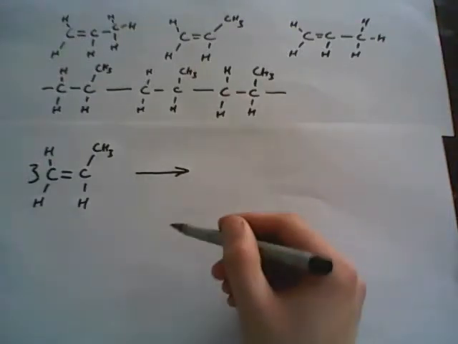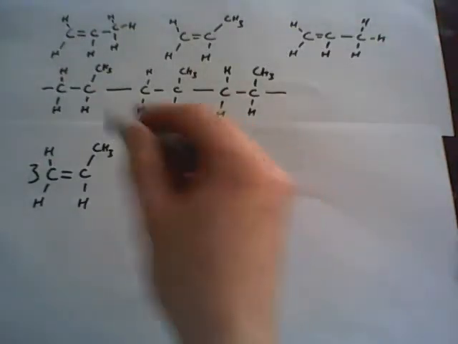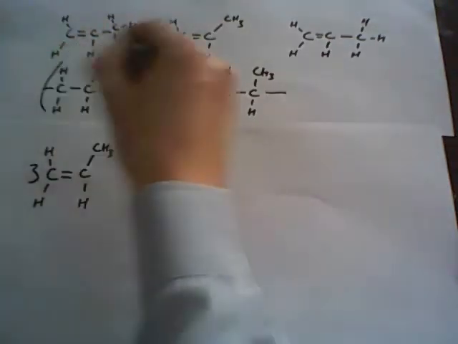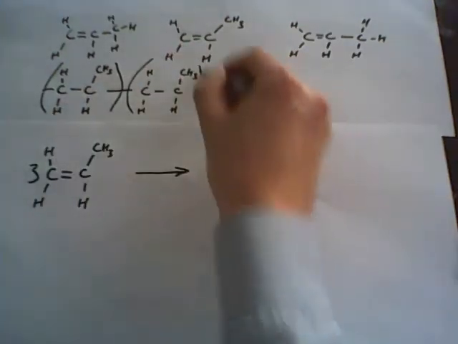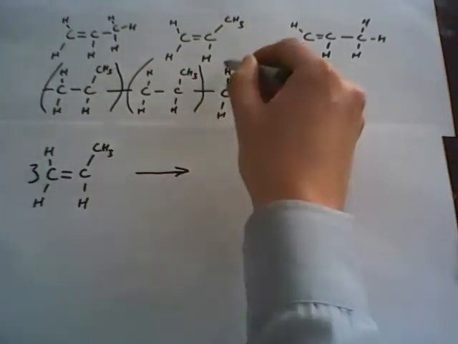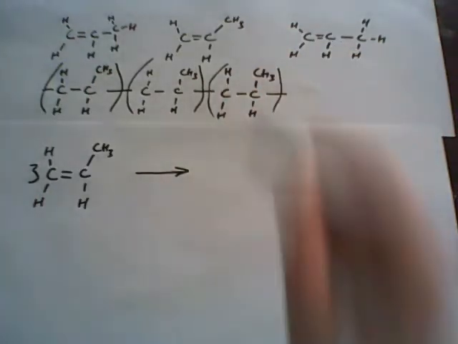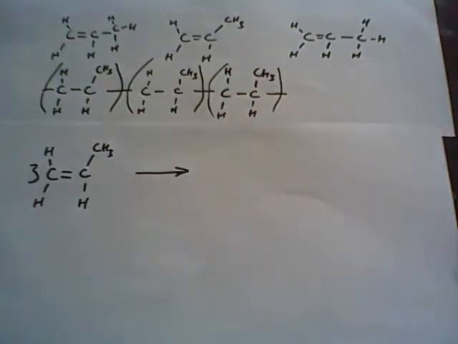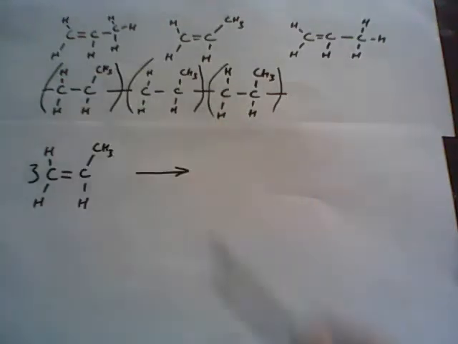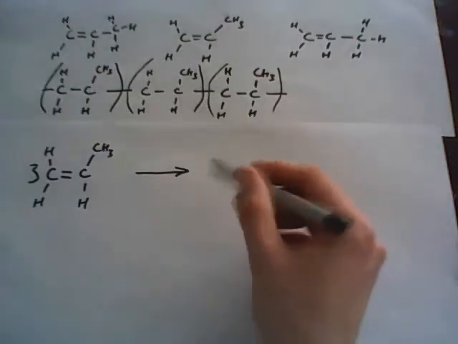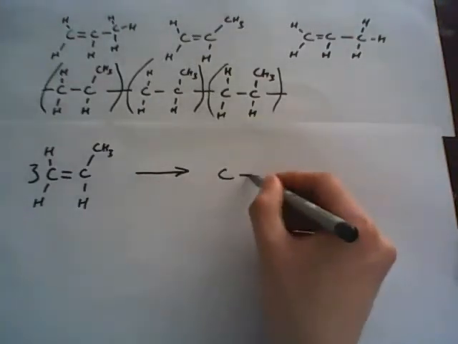Drawing the polymer is a little bit harder. What I'm going to do is look up here at the polymer chain, and I can see that these atoms all came from that first monomer, these ones came from the second monomer, and these ones came from the third monomer. And you can see that it's the same pattern of atoms each time. So as the product, to represent the chain, I'm going to draw one of those.